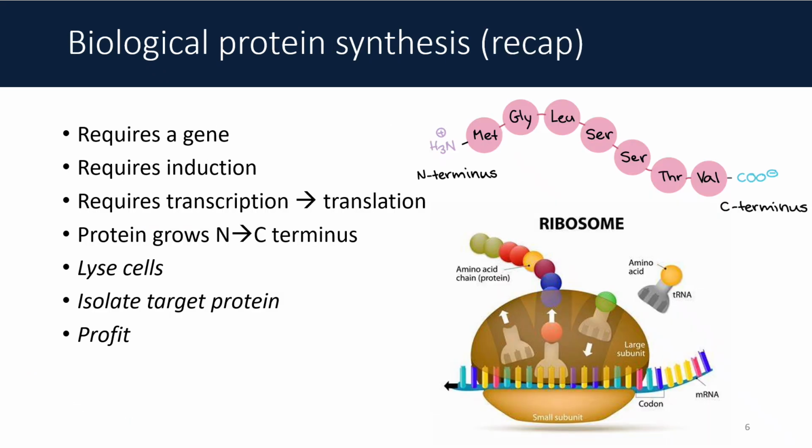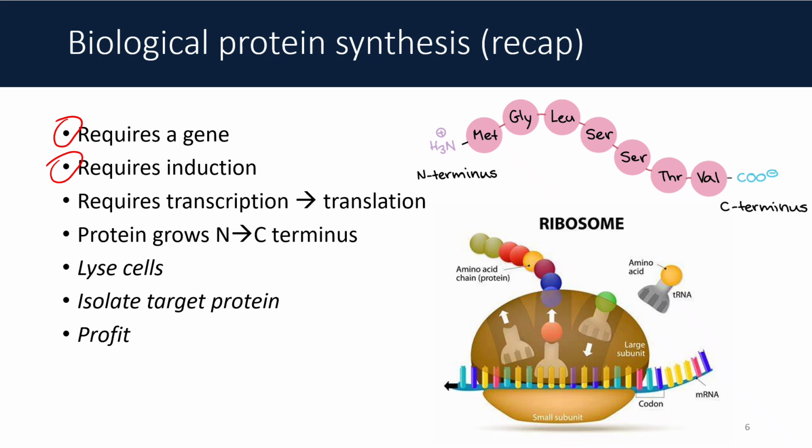Now, before we get into how scientists make proteins, let's recap how biological protein synthesis works. And I won't go into too much detail here, so I'll just say to start out, first thing you need is a gene. Stick it in your organism, and you often need to add after that some type of inducer in most cases.